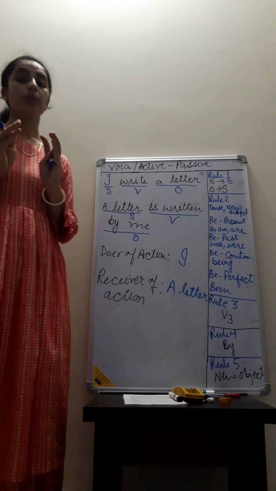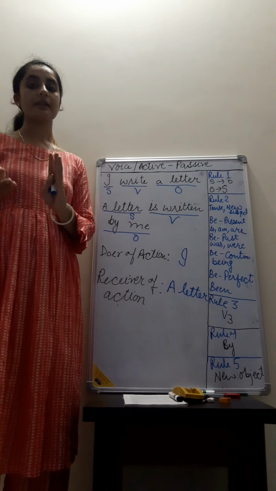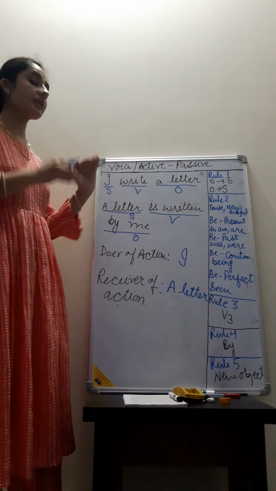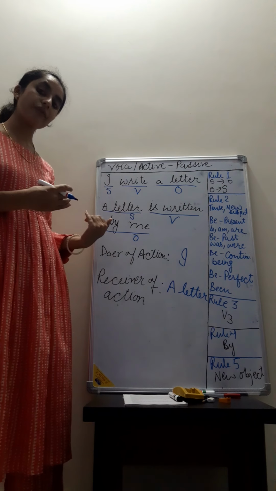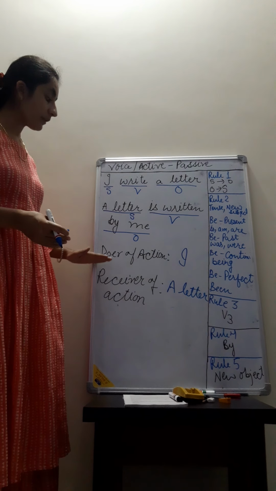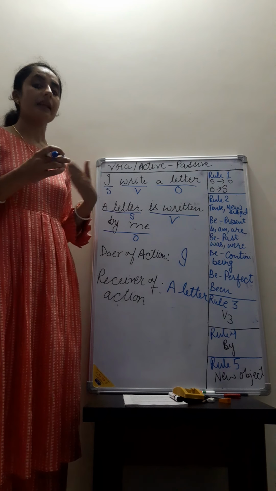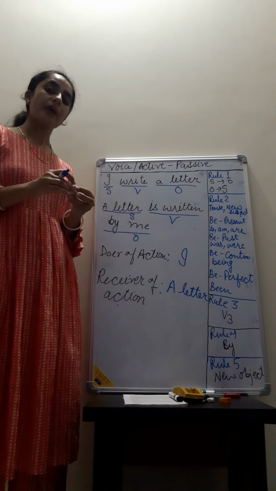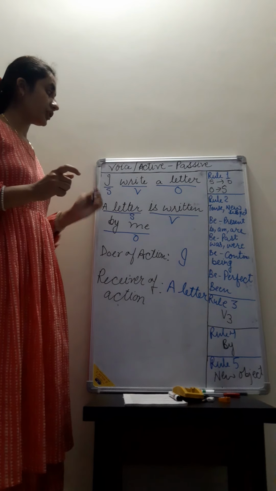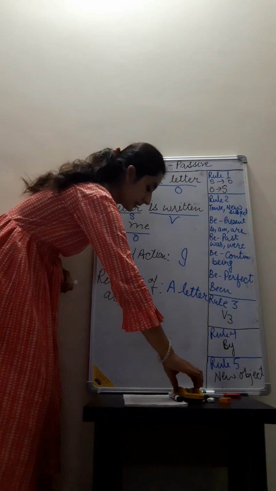I hope you have understood what is a passive sentence and what is an active sentence. I repeat, when the doer of the action is given more importance, is placed in front, then that sentence is called the active sentence. When the receiver of the action is placed in front, is given more importance, then that sentence is called the passive sentence. Now we will learn how we can change an active sentence into a passive sentence.